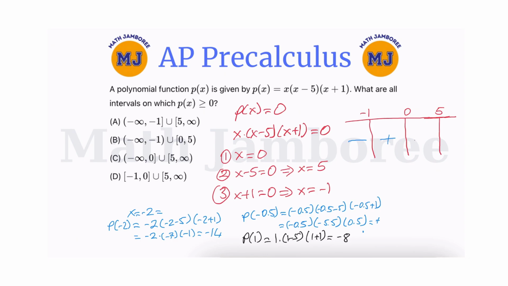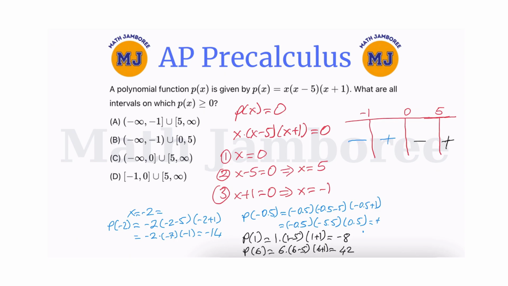So between 0 and 5, the value of the function is negative. And beyond 5, we can use 6, for instance. P of 6 is 6 times 1 times 7, which is 42, a positive value.